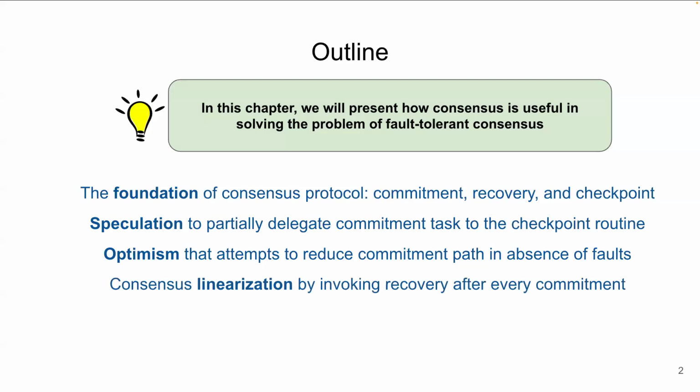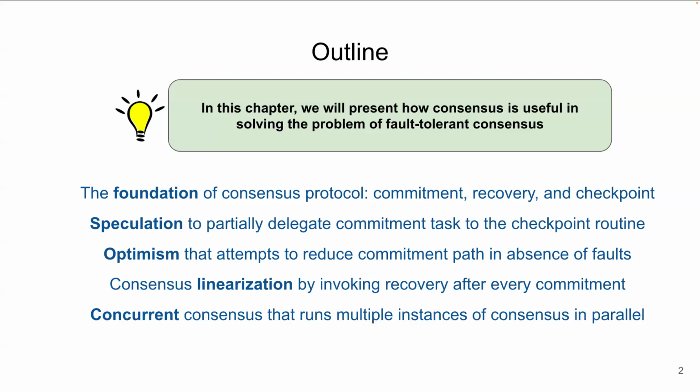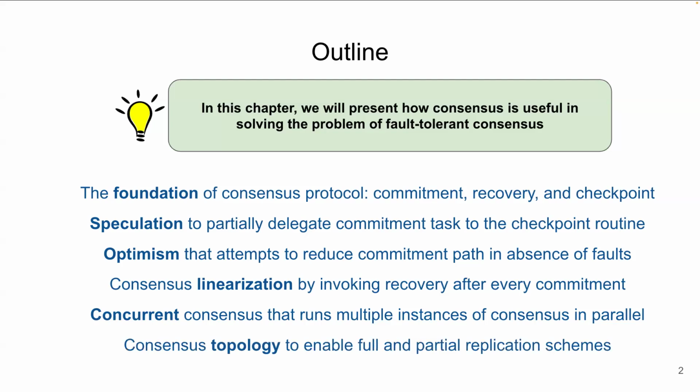Then we're going to look at how to linearize. So far we looked at quadratic communication, and then we're going to have a look at how you linearize the communication as well. If time permits, concurrent consensus, and maybe even something about the topology, some partial replication and sharding. So that's the wish list. Let's see how much of it we can do in the next week.